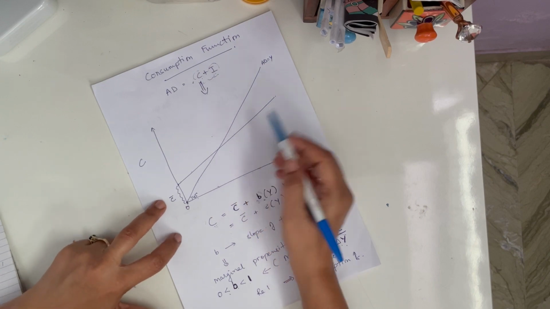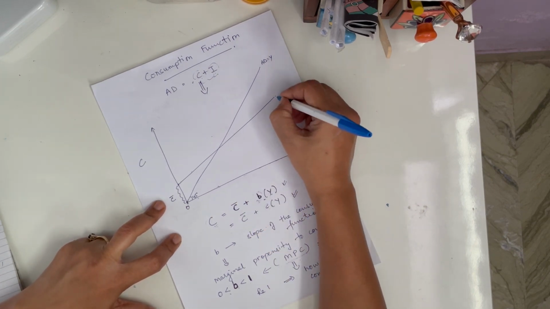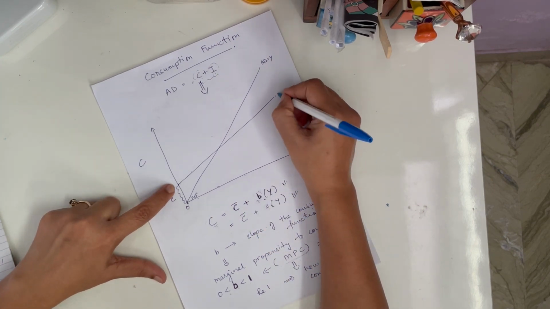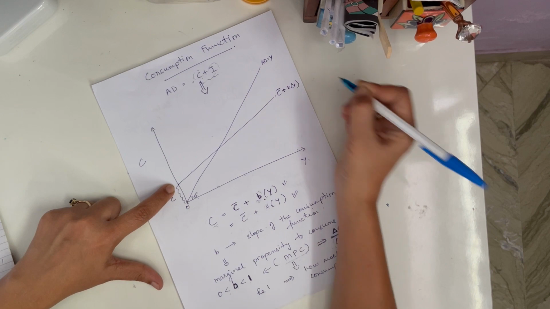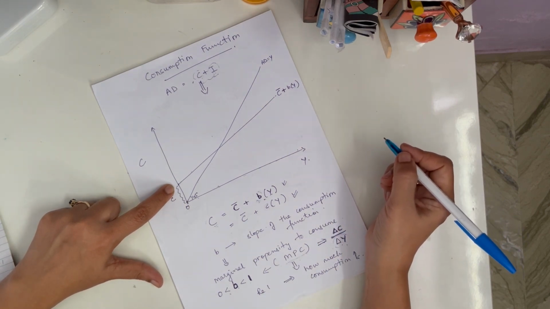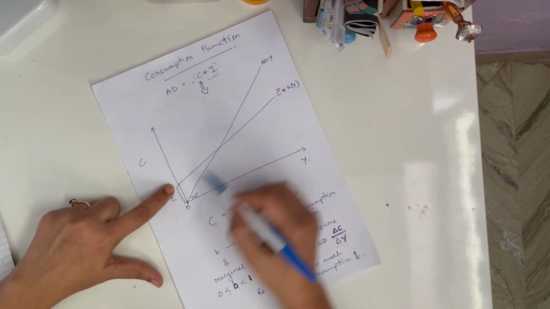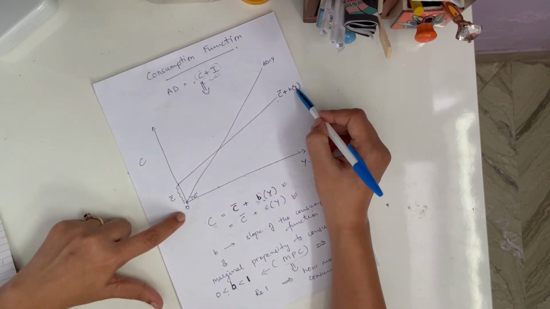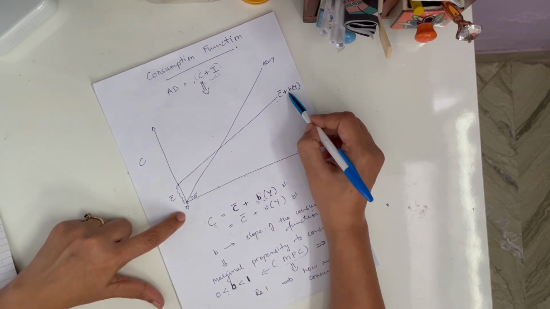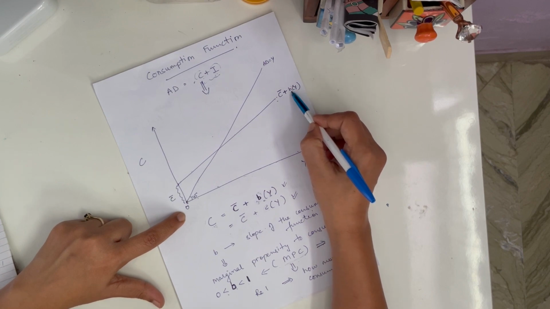Coming back to the diagram, what does it say? So now if I want to write this consumption function, I'll write this as C bar plus BY. Right. That's my consumption function denoted by this line. So this is C bar and it's a function of Y with respect to this B or MPC, marginal propensity to consume.